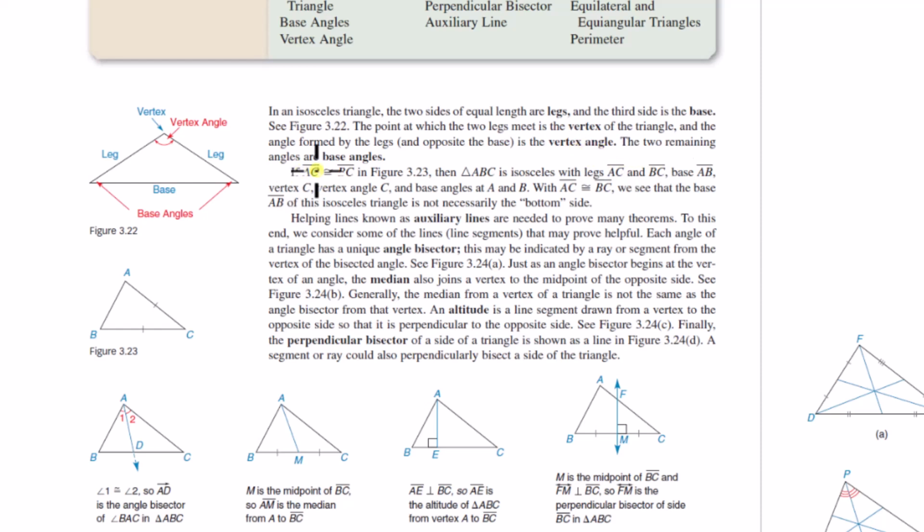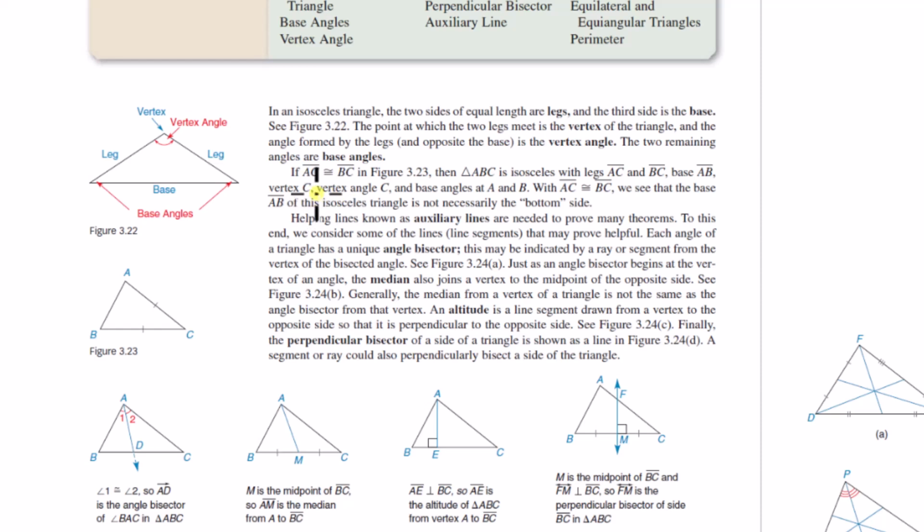The two remaining angles are base angles. So we call the two equal length sides legs, the third side the base, the point at which the two legs meet the vertex, and the associated angle the vertex angle. And the other two angles we call base angles. This is for isosceles triangles.